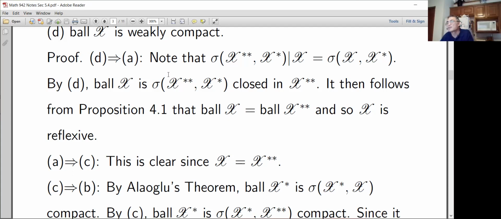So this ball X is closed in this ball X double star in this topology. But the previous statement says it is dense. Now we say it is closed. So these two must be the same. So X is reflexive.